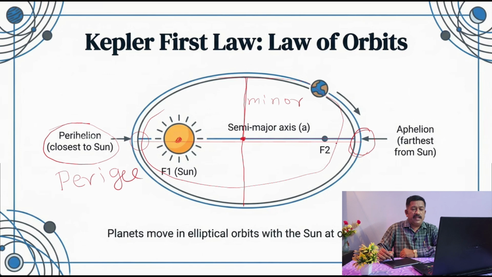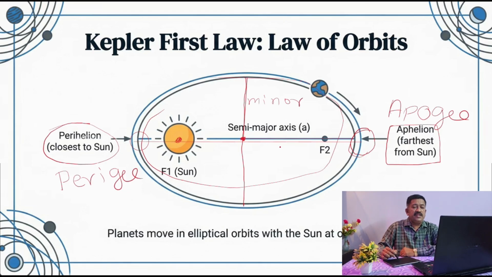And when the planet is very far from the sun, it is called the aphelion position, or apogee. Perigee is one position, and apogee is the other. Aphelion is the farthest position from the sun.